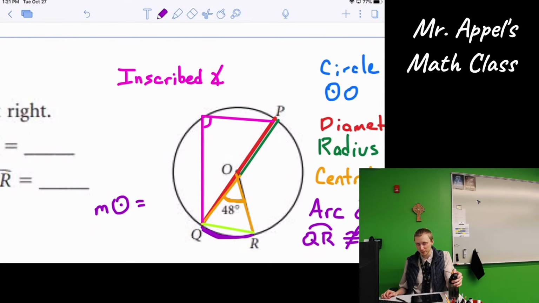Skateboarders would be really familiar with this. If you do a trick and you spin all the way around, how many degrees is that? I've got two answers so far. Fine, I need some more.